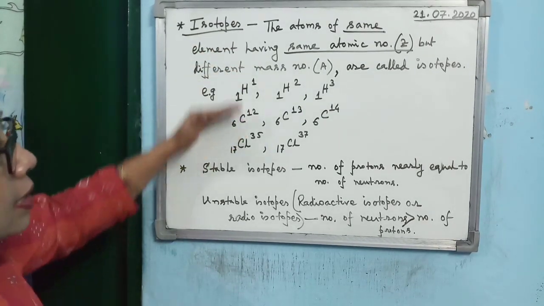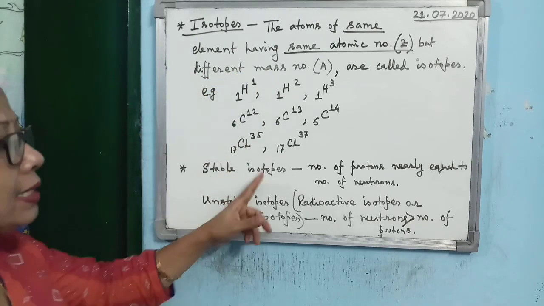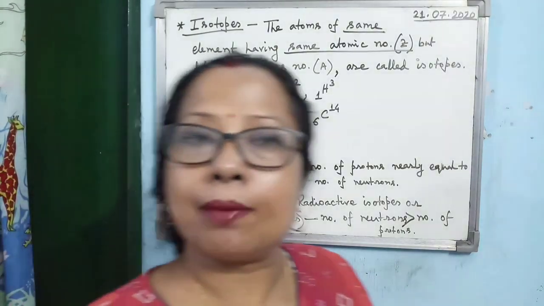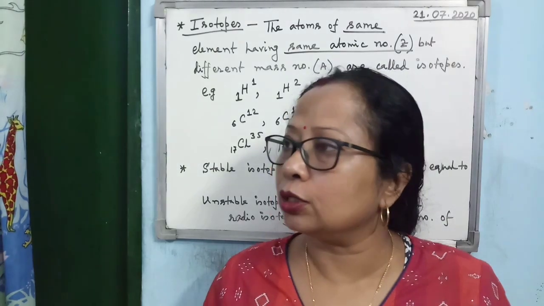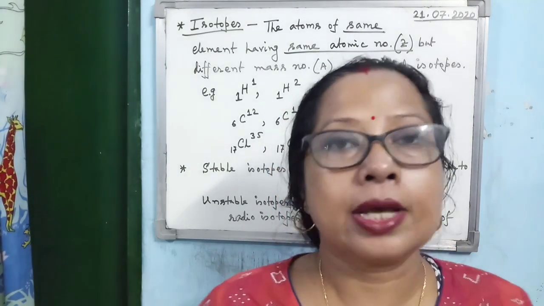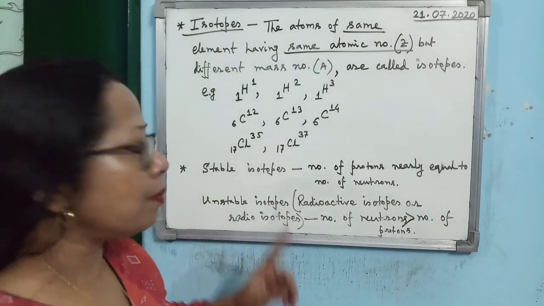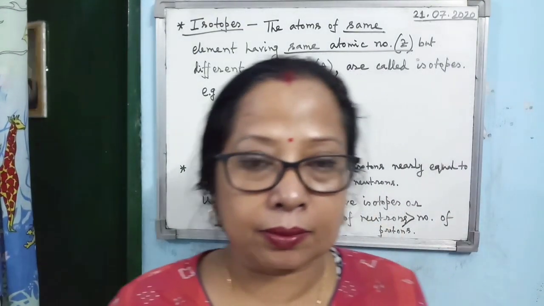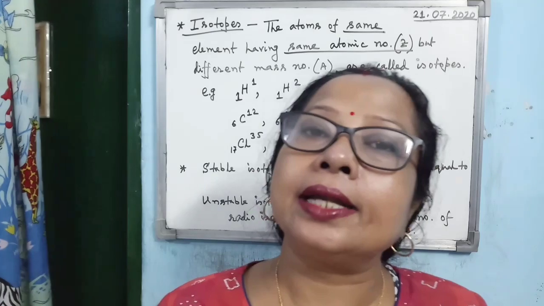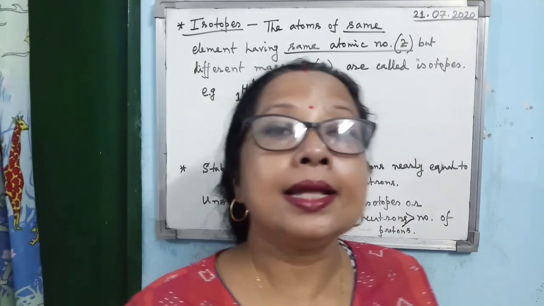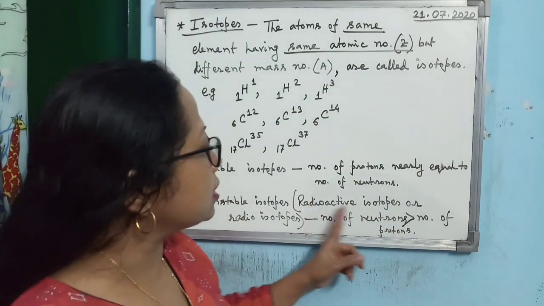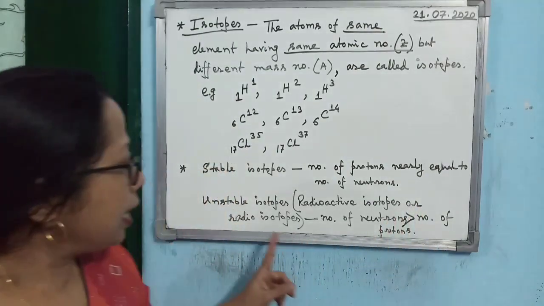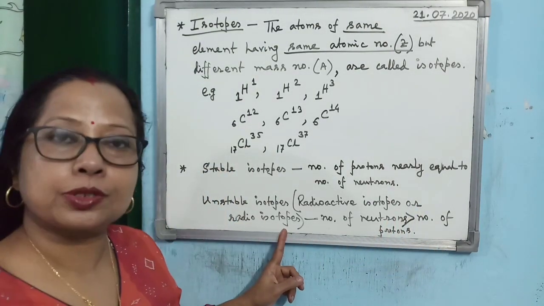In stable isotopes, you will see that the number of protons is almost equal to the number of neutrons. And in the case of unstable isotopes, they disintegrate and undergo radioactive decay. That's why they are also known as radioactive isotopes, or in short, radioisotopes.